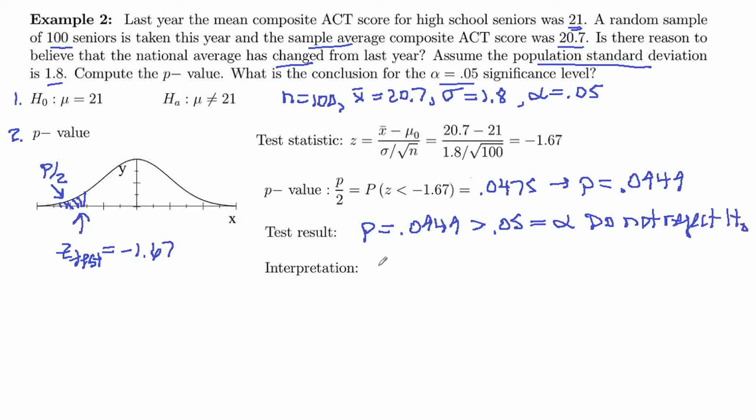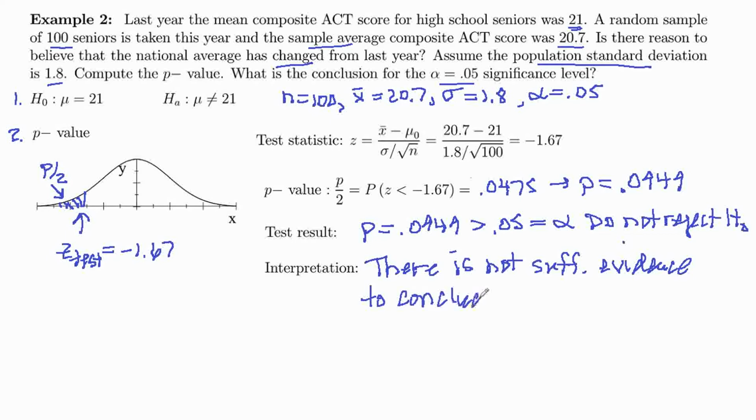And so that means then our interpretation would be that there is not sufficient evidence to conclude the alternative hypothesis, to conclude the mean is not equal to 21.